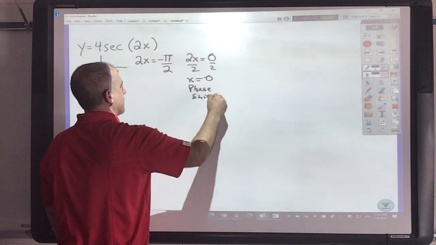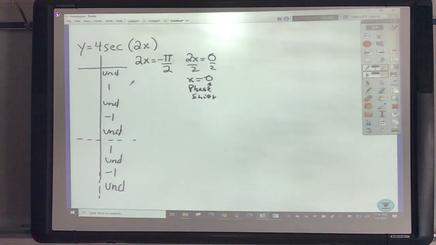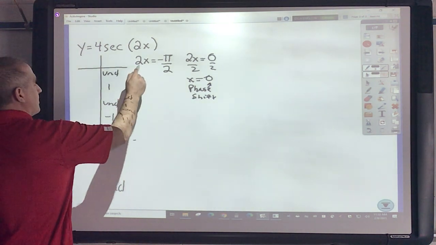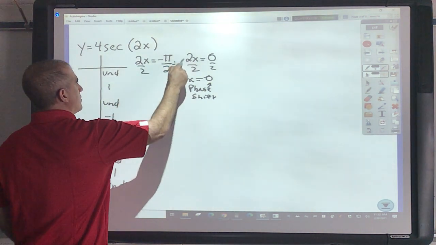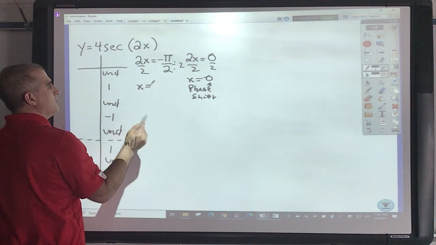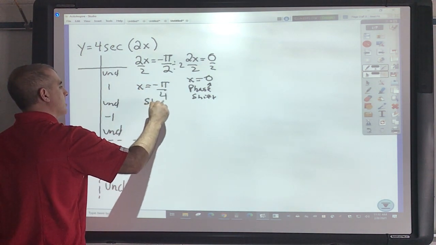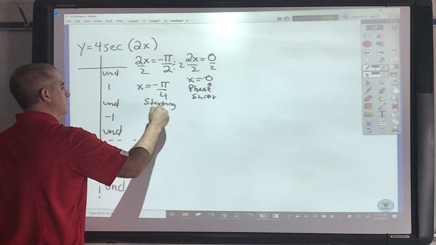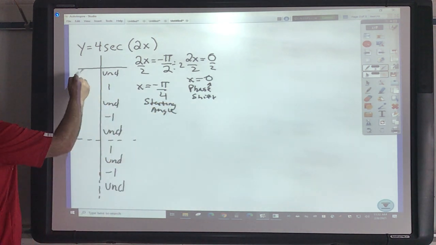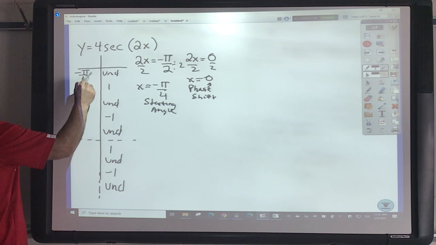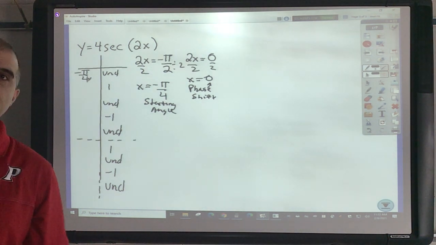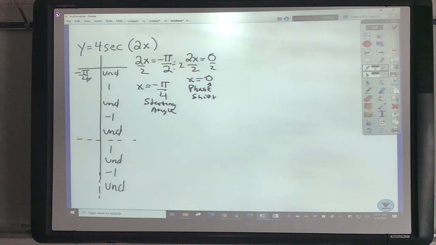That will have meaning for us when we get to actually finding the characteristics. I'm going to divide this by 2, so it's going to be x equals -pi over 4. This is my starting angle. So I'm doing -pi over 4. That's the difference you need to watch and seek.